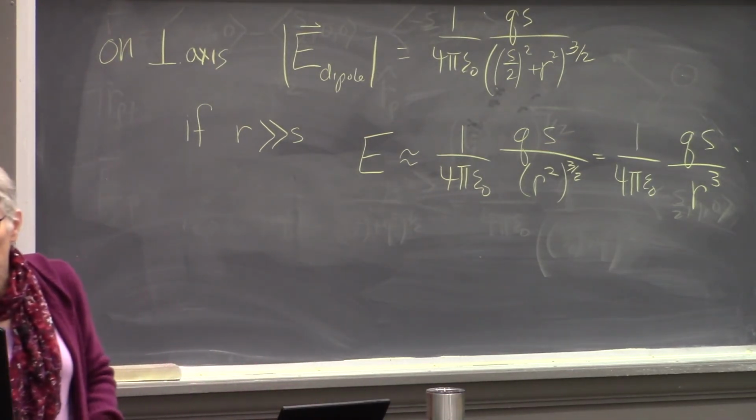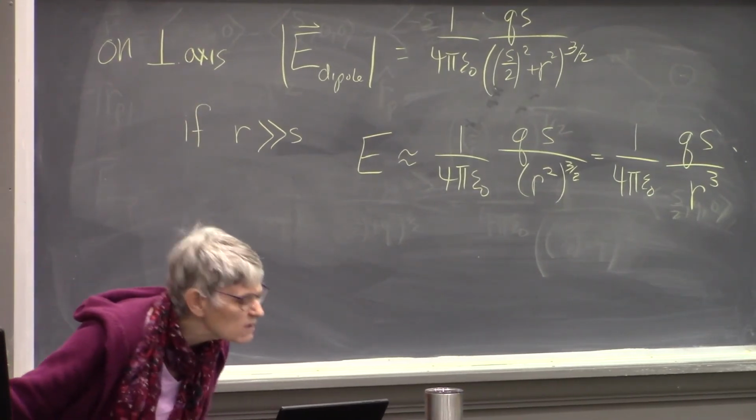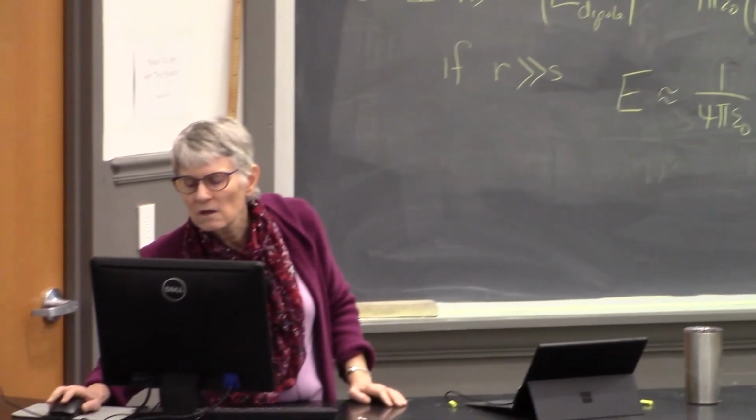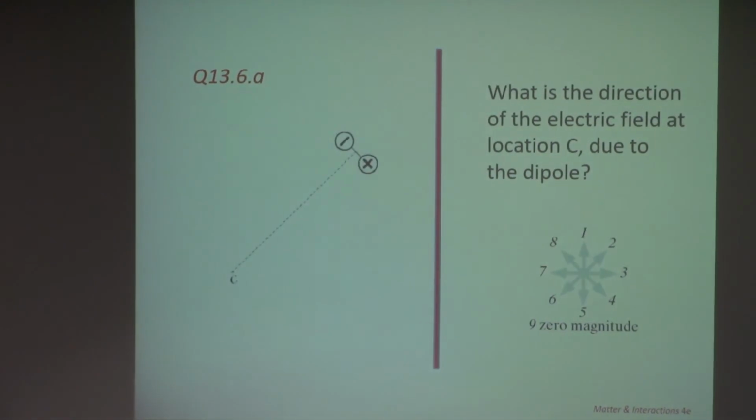Okay, so let's see if we can answer a question. Which one is this? 13.6a. So, we could use this equation to calculate the field of this dipole at location C if we knew the distance and the charge, if we knew qs and r.